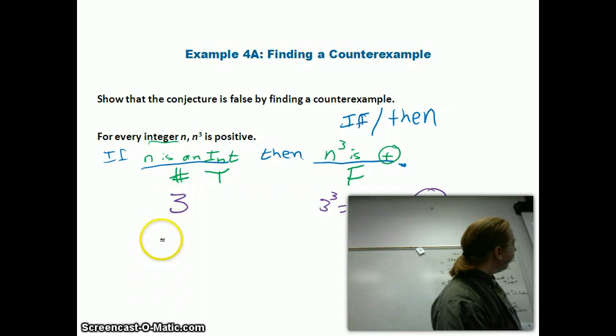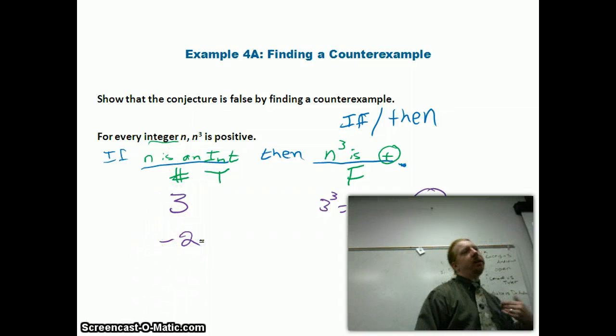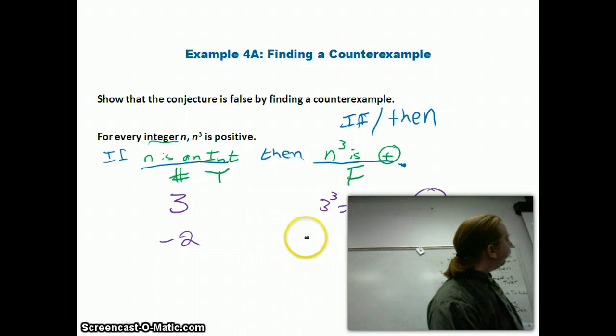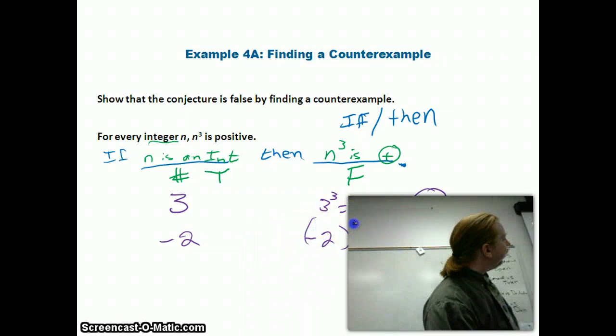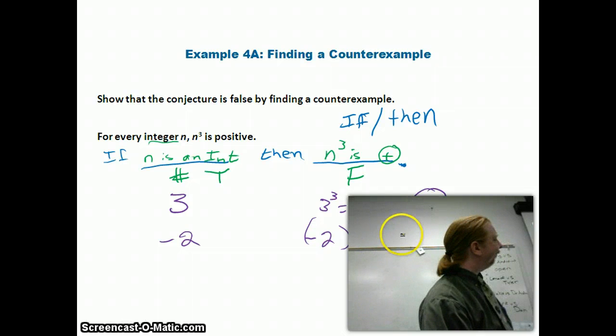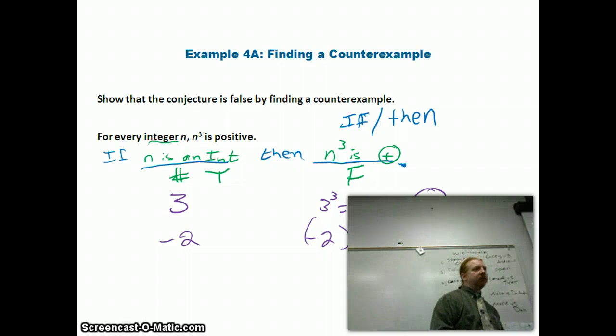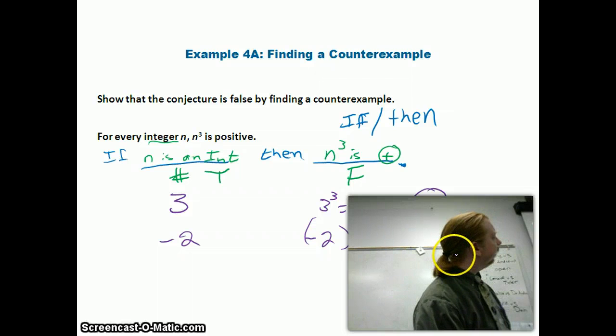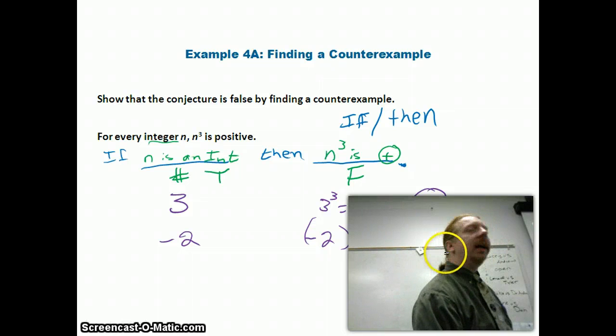Someone said, let's try a negative. Is negative 2 an integer? Yes. Now let's talk about what happens when I do negative 2 to the third. What do I get? Who said positive 8? I get negative 8. That's negative, right? What if you do it without the parentheses?